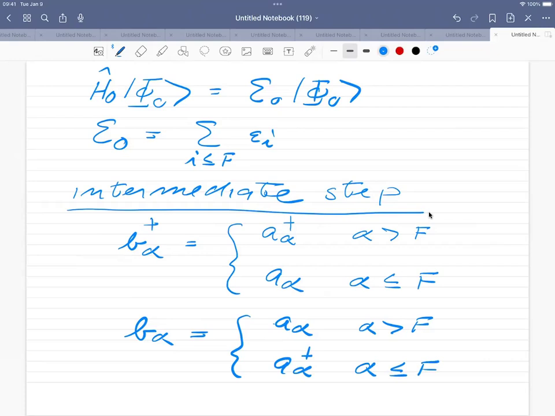So what we are saying is that we are going to create a state in case alpha is less than F, which we are going to call a hole state. So this creates a so-called hole state below the Fermi level. B alpha dagger creates a vacancy if alpha is below F. That means it takes away a particle, and we say it creates a hole.